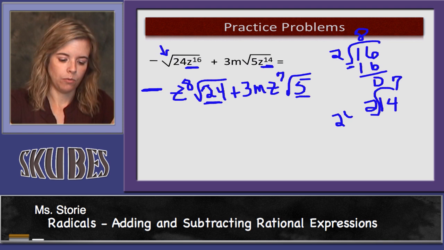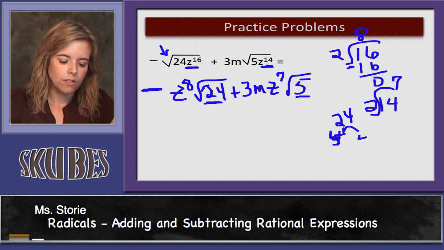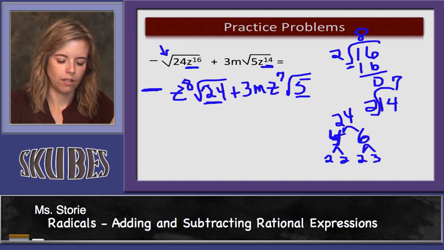So let's try to simplify it, and we'll use the factor tree. 24 is 4 times 6, and then we've got 2, 2, 2, and 3.